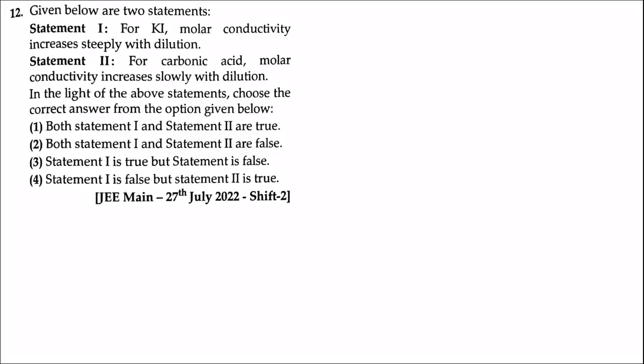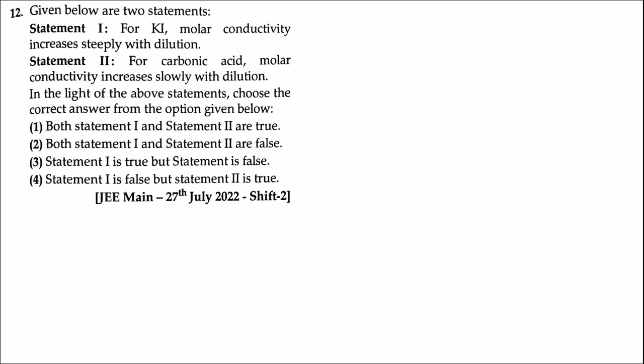Given below are two statements. Statement 1, for potassium iodide, molar conductivity increases steeply with dilution. Statement 2, for carbonic acid, molar conductivity increases slowly with dilution. In the light of the above statements, choose the correct answer from the option given below. Option 1, both statement 1 and statement 2 are true.